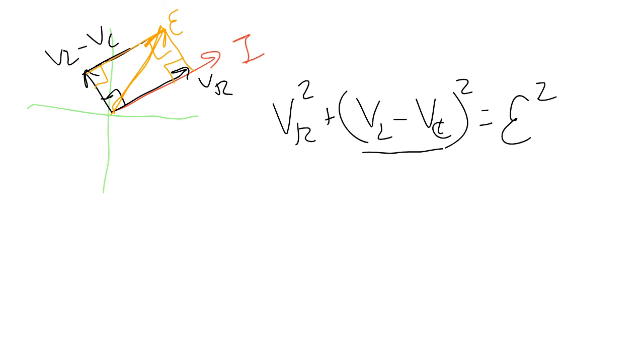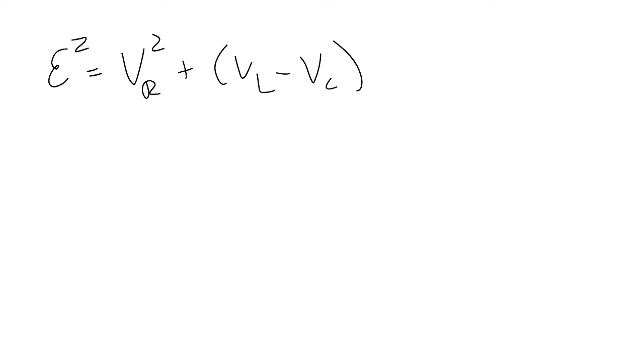So we need to get an equation that's basically in the form of E equals I times Z. And so we're basically going to solve for the EMF in terms of the current. So I'm going to need to erase this. I have to hopefully remember that equation right there. EMF squared equals VR squared plus (VL minus VC) squared. Now we use the Ohm's law variations.